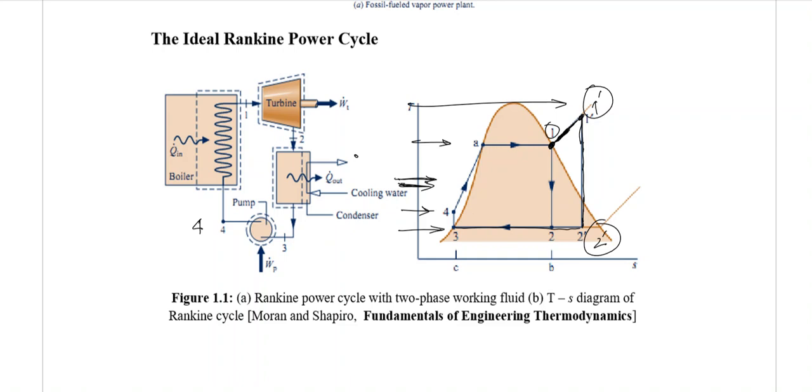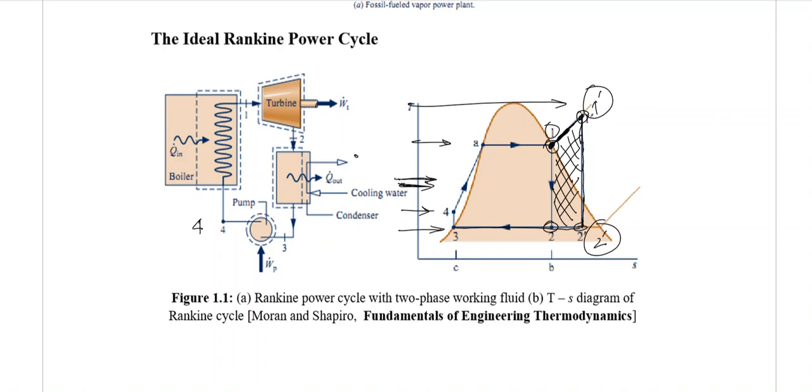I've also increased the area enclosed in the TS diagram, which means I've increased the work done as well. You can also find that before it was an enthalpy expansion from this state to this state, and now there is an enthalpy expansion from a higher enthalpy state to state 2 dash. So the work done will be increased, and obviously the efficiency.